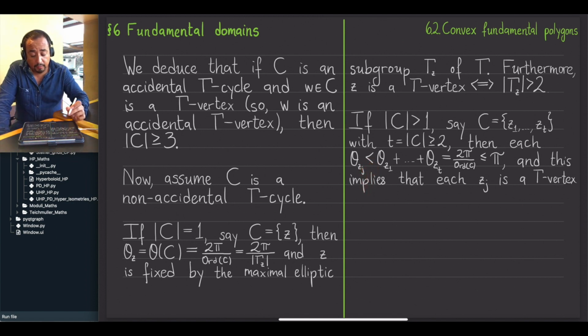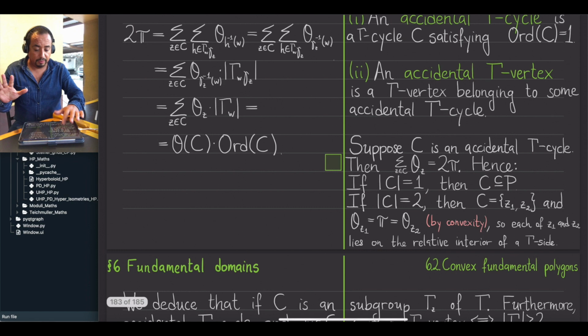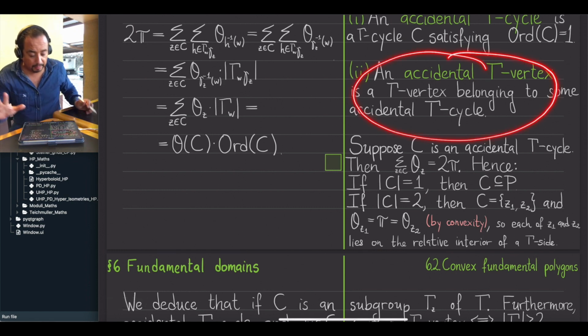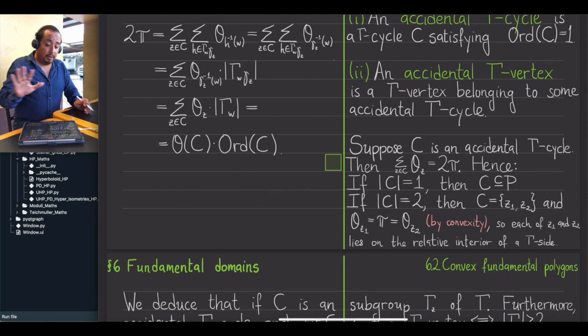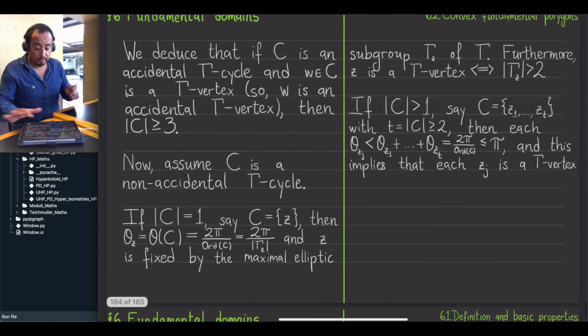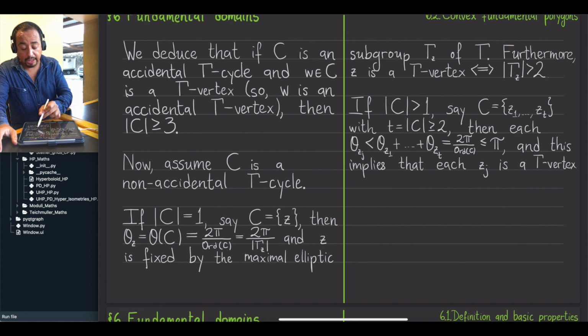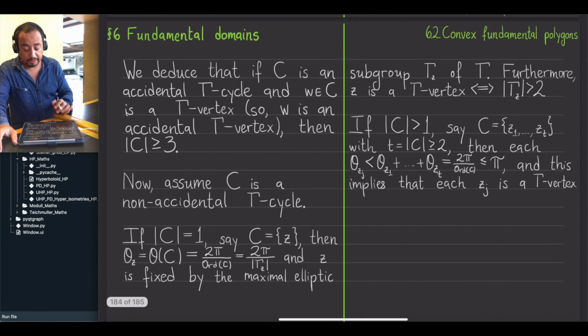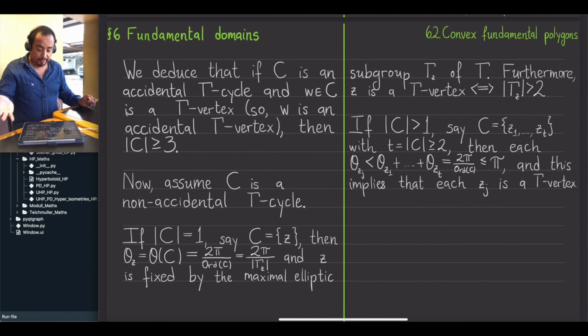So we arrive at the following. If you consider all gamma vertices of P, some of them may be accidental gamma vertices, so some of them may have a trivial stabilizer, and some others may be gamma vertices that have non-trivial stabilizers.